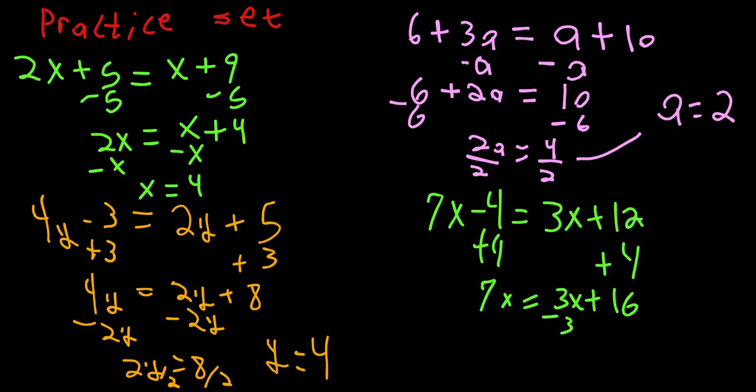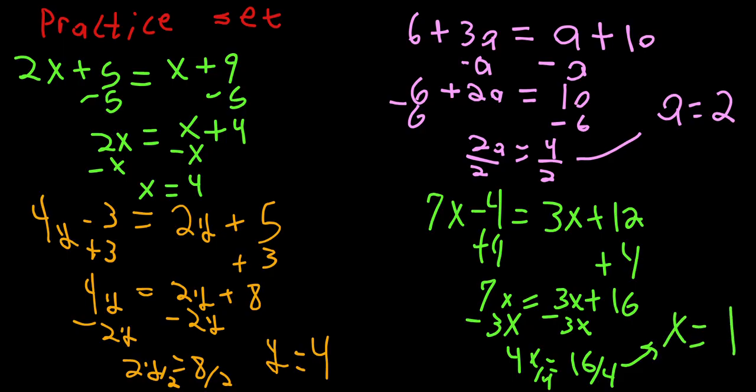We will subtract 3x from both sides, and we'll get 4x equals 16. We're going to divide both sides by 4, and we'll get x equals 4. And that's our final answer there.